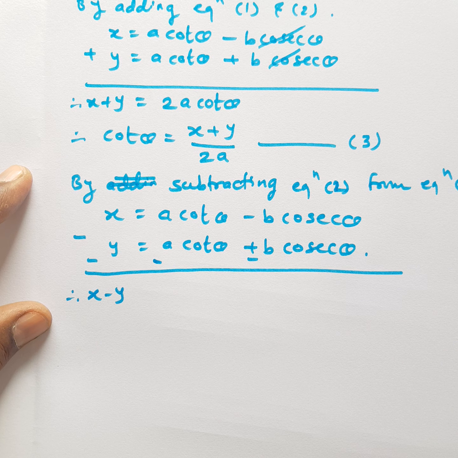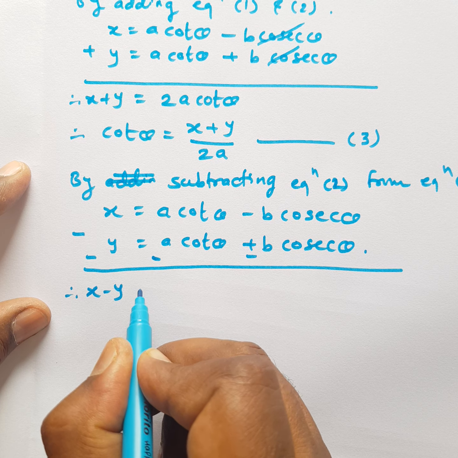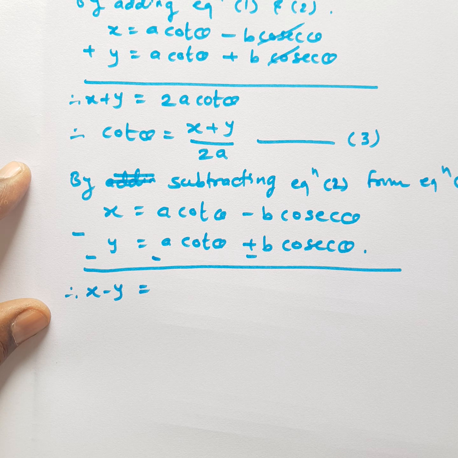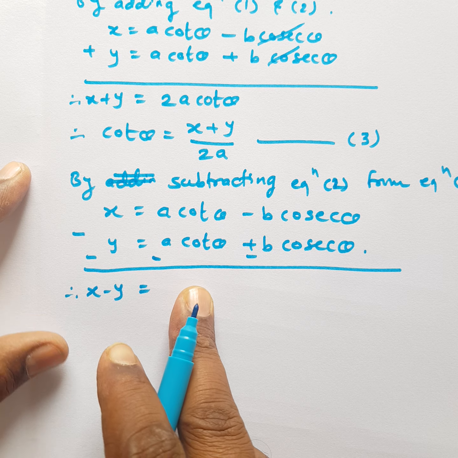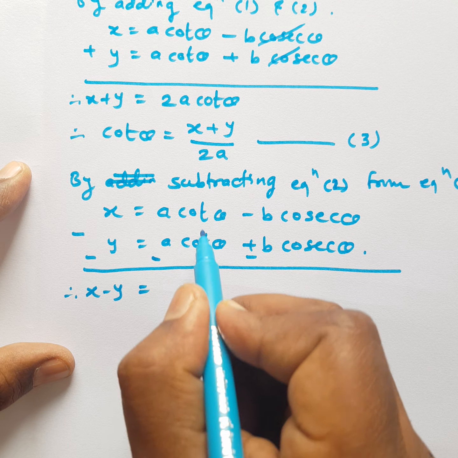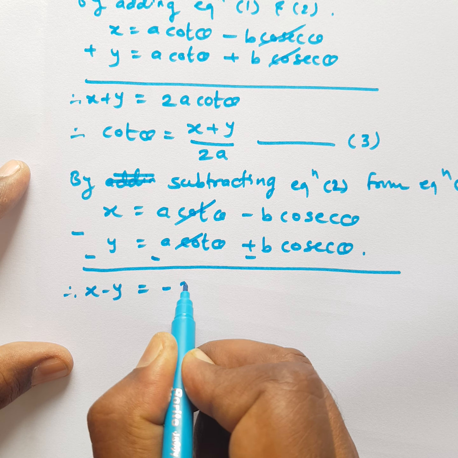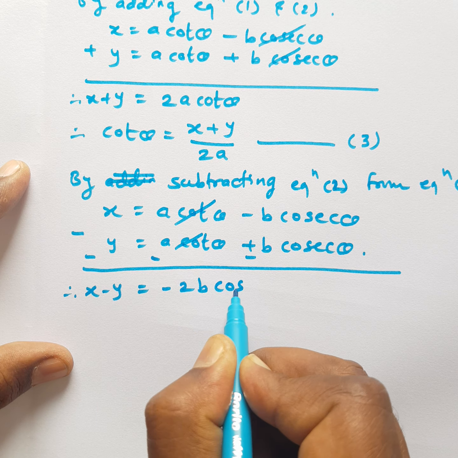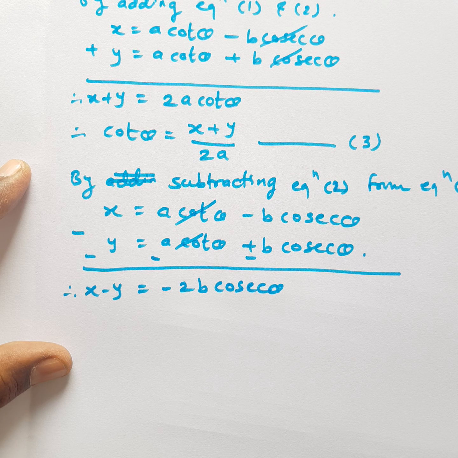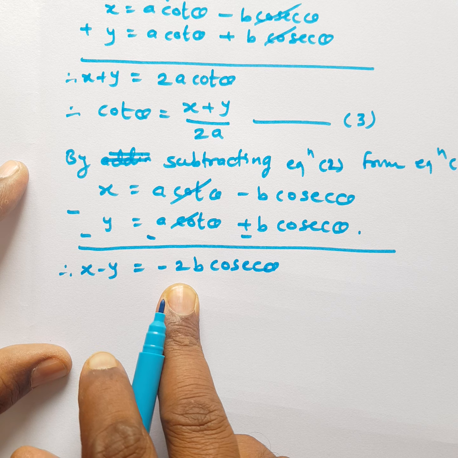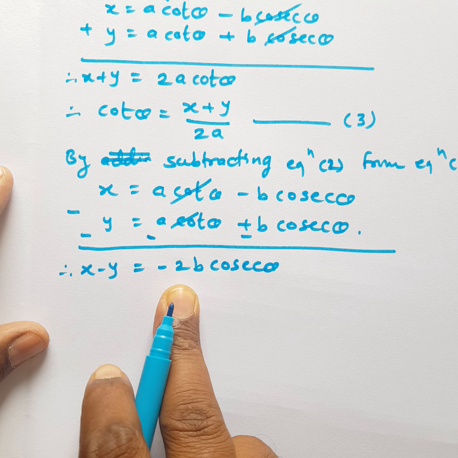the subtraction of left hand side is x minus y is equal to a cot theta minus a cot theta, which will be 0, it will cancel, is equal to minus 2b cosec theta. Here the sign is negative on the right hand side.